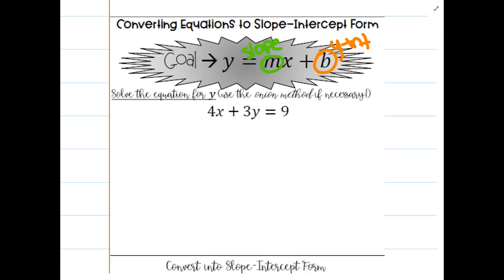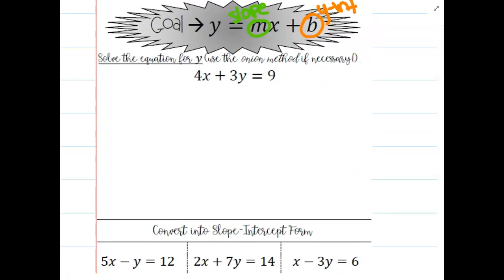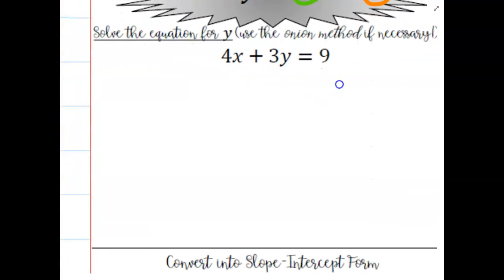Okay? So how do you write an equation in slope-intercept form? You're solving an equation. That's it. You're going to solve the equation for y, because it has to be in the form of y equals mx plus b. So our goal is to get y all by itself on one side of the equation.